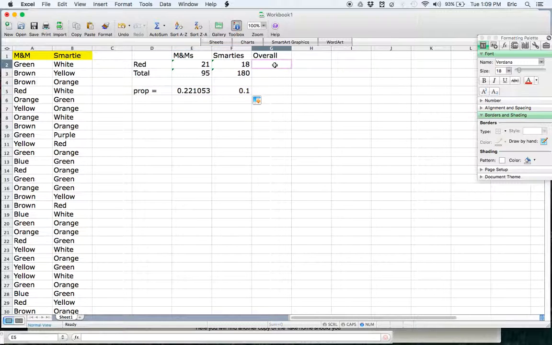So I'm also supposed to find an overall proportion, so I need the total reds, that's this plus this, and the total count, this plus this, and the proportion there as well.